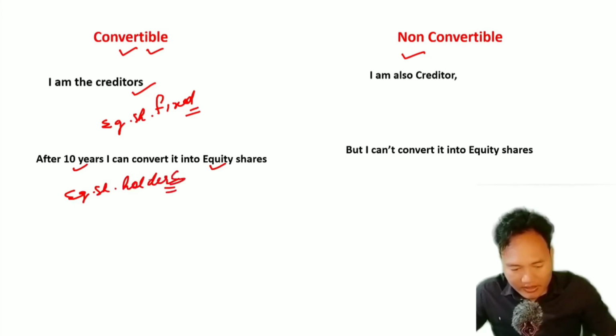It means he will become an owner of that particular company where he has invested. And in case of non-convertible debentures, the debenture holders will remain creditors of the company. He will never become an equity shareholder, or he cannot convert his debentures into equity shares. This is the basic difference between convertible debentures and non-convertible debentures.